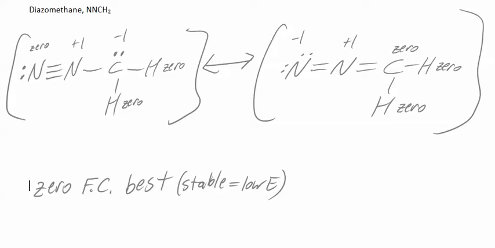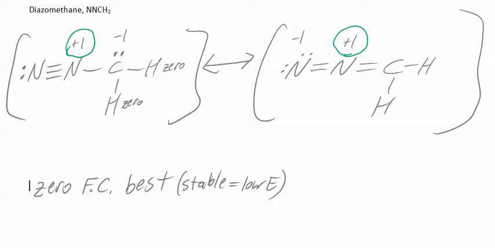So if zeros are best, let's focus on where the non-zeros are located. And we'll go ahead and get rid of the zeros, the good things, and focus on what's bad. So you might notice the nitrogen in the middle has a +1 in this structure. It's also +1 in that structure. That's not too different.